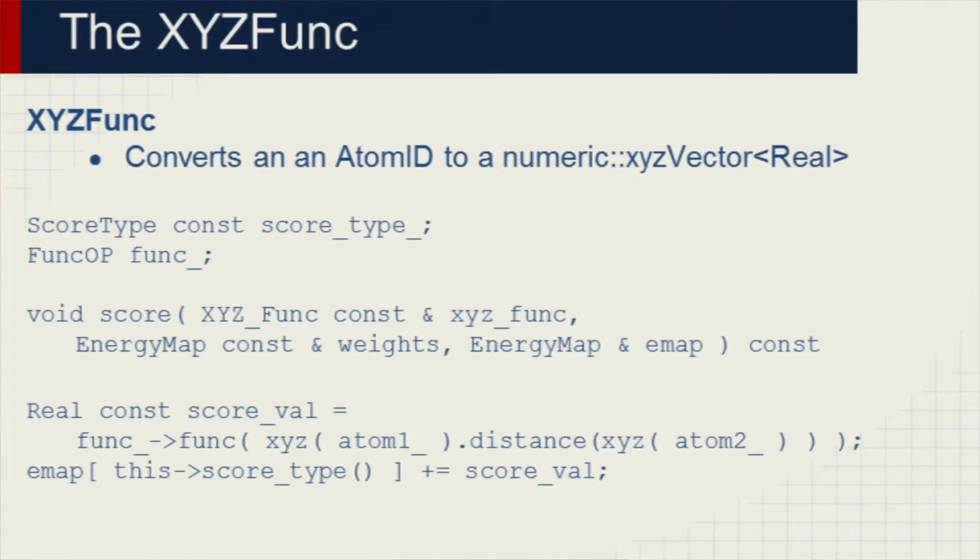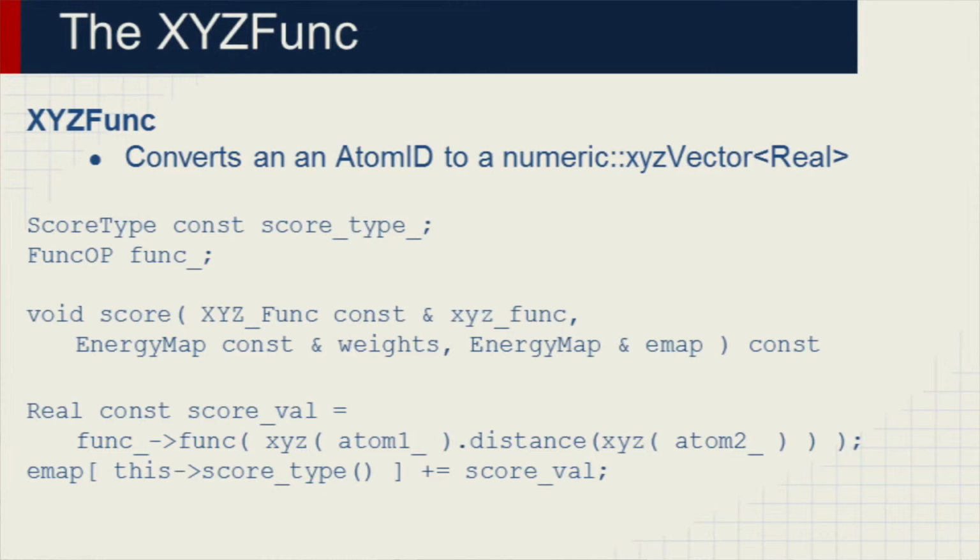And so here is basically how this score function works. We have atom 1 and atom 2, and these are just parameters that are being set as private member variables. So these are the two atoms that we're constraining the distance between. We pass those atom IDs through the XYZFunc to get out the vector of those atom positions.